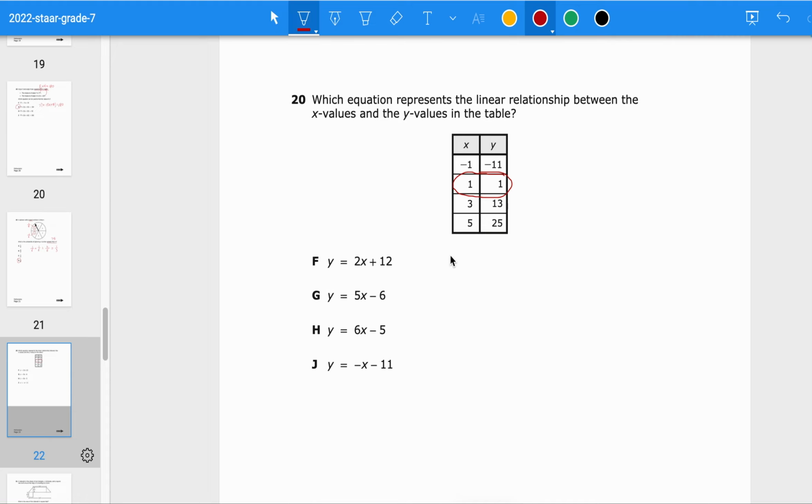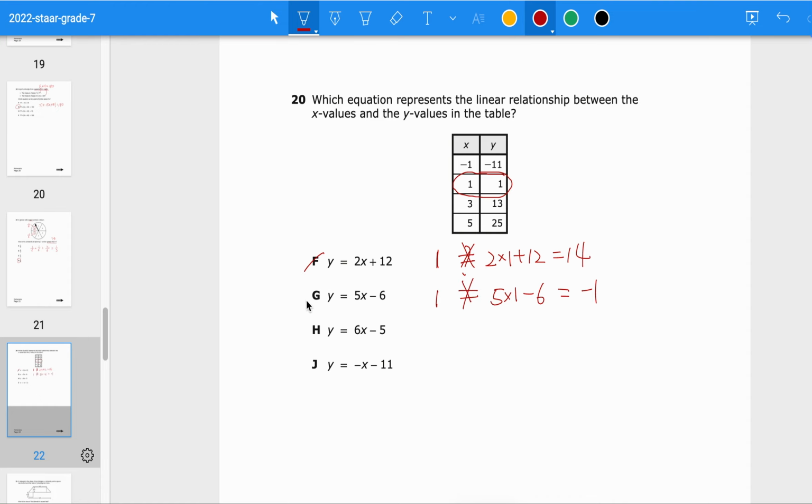So let's see, if y is 1 on the left side, is it equal to the right side, which is 2 multiplied by 1 plus 12, which is 14. So they are not equal. F is out. And G, if y is 1, on the right side is 5 multiplied by 1 minus 6, which is -1. So this is not right.